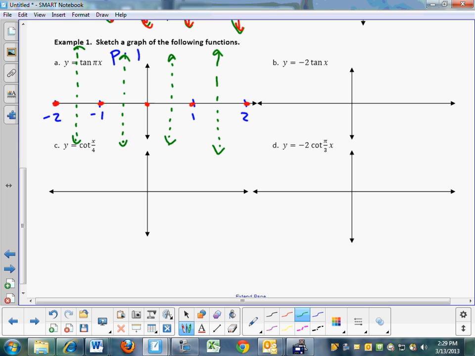Does tangent start down and finish up, or start up and finish down? Starts down, finishes up.